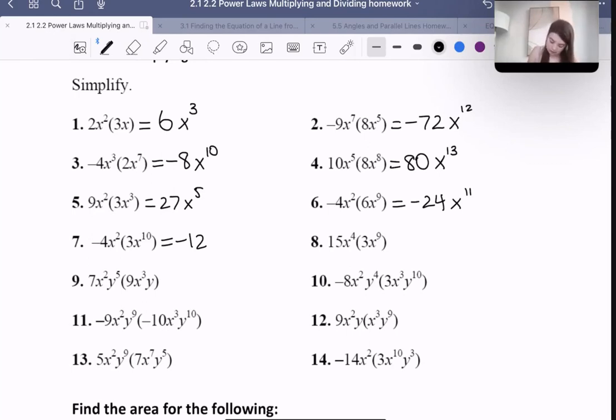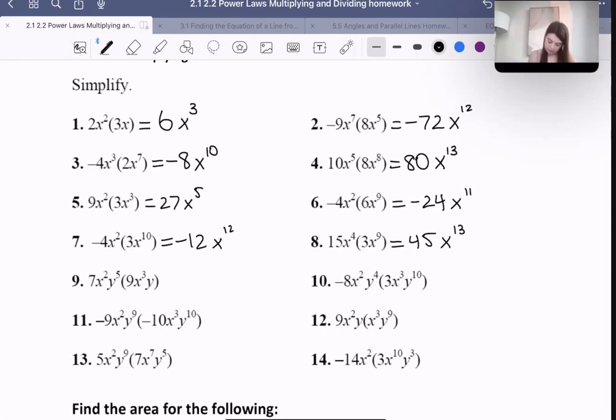So that's going to be x to the power of 12, right? Because we add up those exponents, we add up the 2 and that 10. Good. Okay. Number 8. Let's see. 15 times 3 is 45. Then we have x to the power of 13 because we're adding up 4 and 9. So there we go.